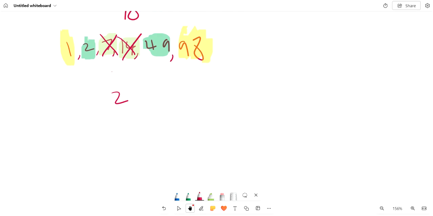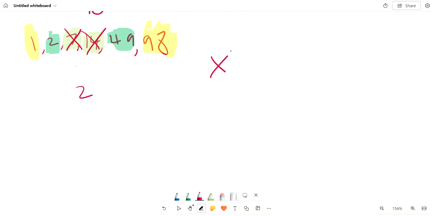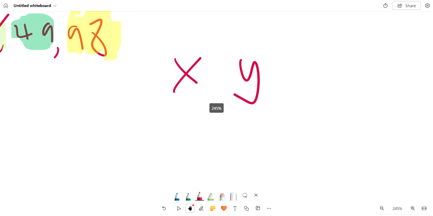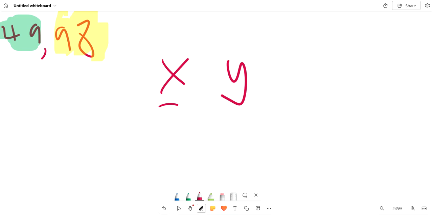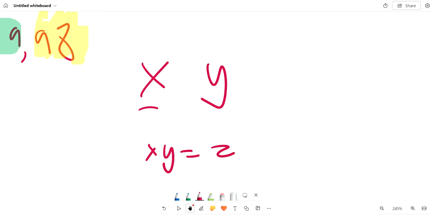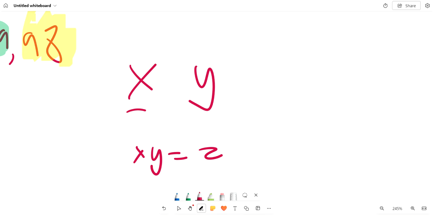Because if it only has one factor of 2, let's say the two factors are x and y, like the pair, then one of these has to have a factor of 2 and the other doesn't. Because x times y equals some number z, and we know z has exactly one factor of 2.